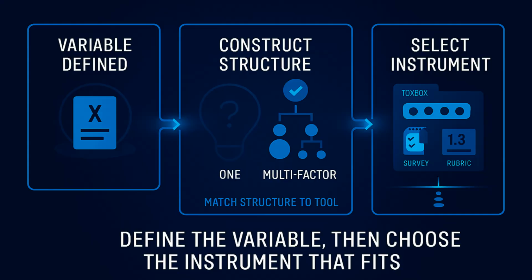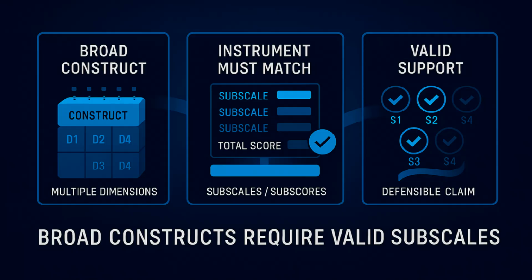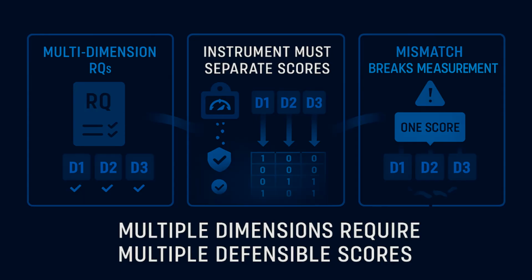Once the variable is defined, you select an instrument that matches the construct structure you are claiming. If you claim a broad construct that has multiple dimensions, the instrument must support that claim through valid subscales or subscores. If your research questions require more than one dimension, the instrument must produce those separate scores in a defensible way. Otherwise, you are not measuring what you said you were measuring.